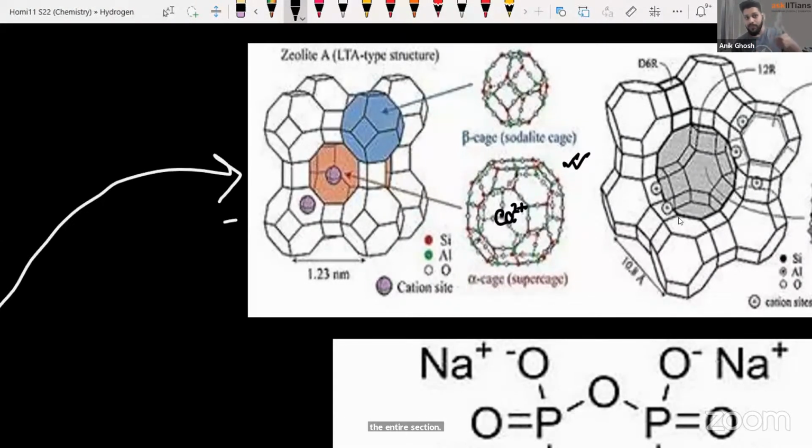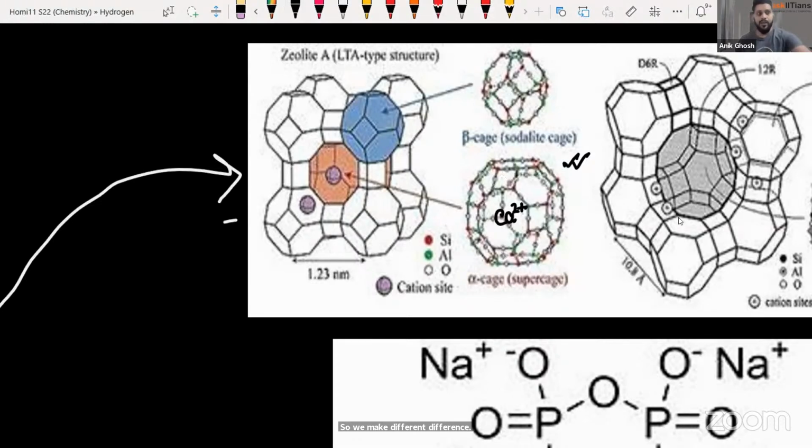Guys, calcium and magnesium have different sizes, so we cannot use the same zeolite to take them out. We make it in such a precise manner that we can control the size of the cavity. For different metals we have different cavity sizes because their sizes are different, so we make different zeolites.